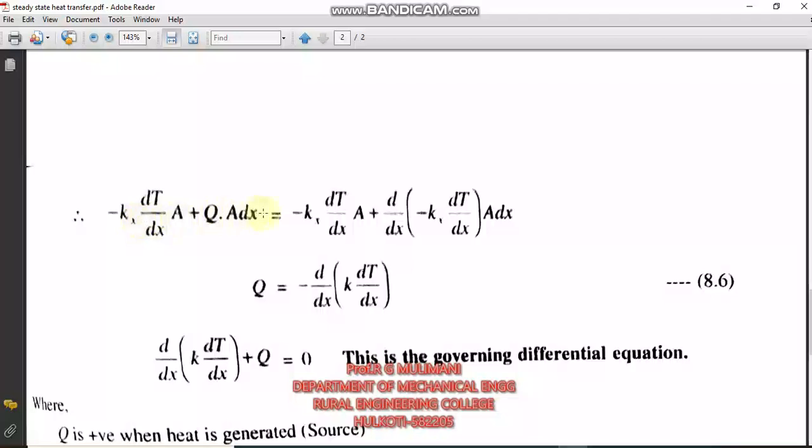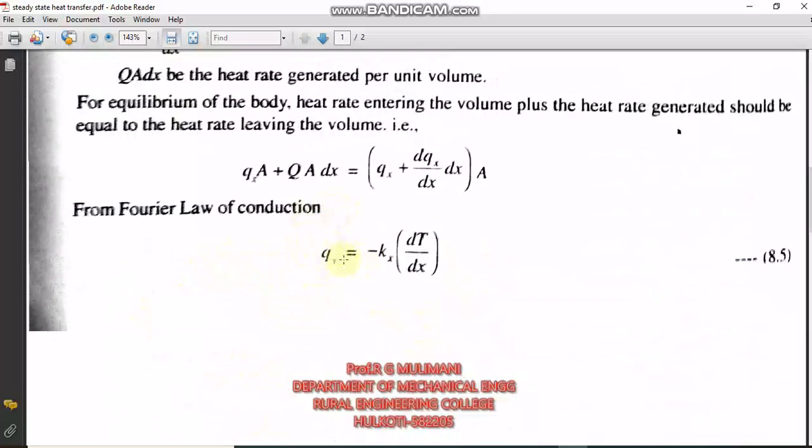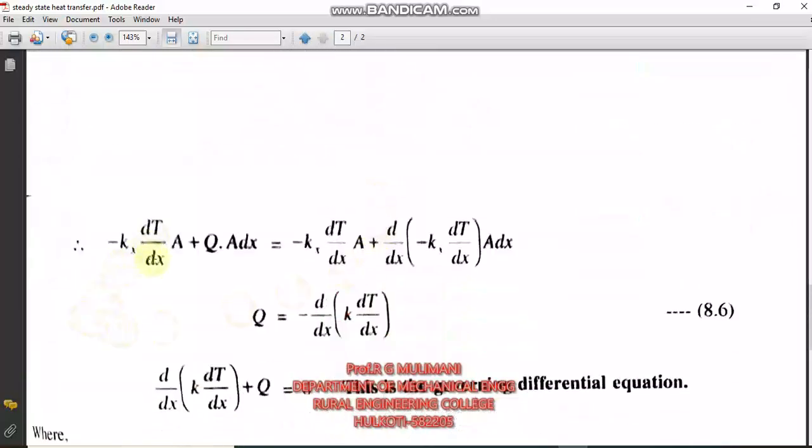Substituting this value of qx in these equations, q is substituted as minus k into dT by dx, so qx is minus kx dT by dx into A. What is k here?